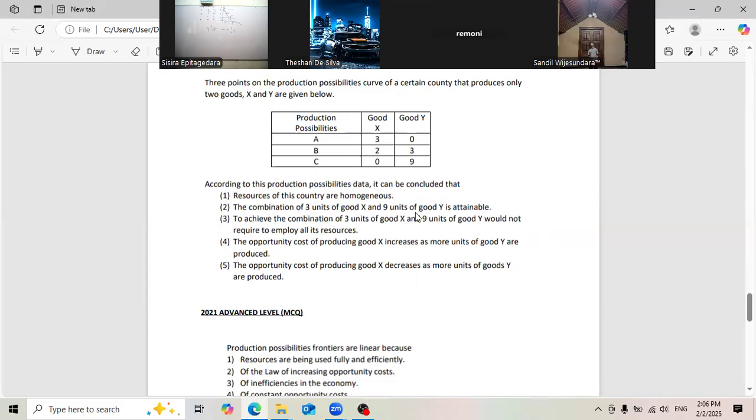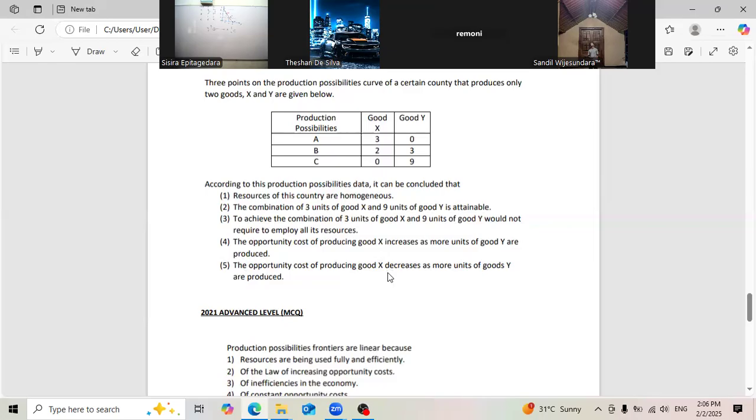Who said the second one? Or the fifth one? The fifth one is wrong. Look at it: the opportunity cost of producing good X decreases. No. Opportunity cost is constant. How do you say that opportunity cost is constant?